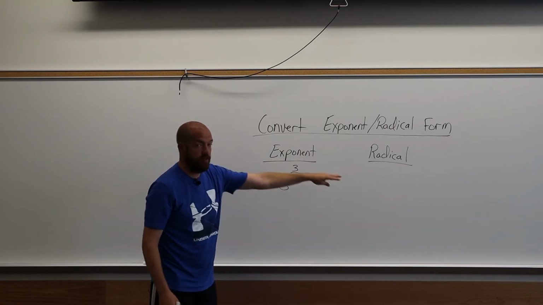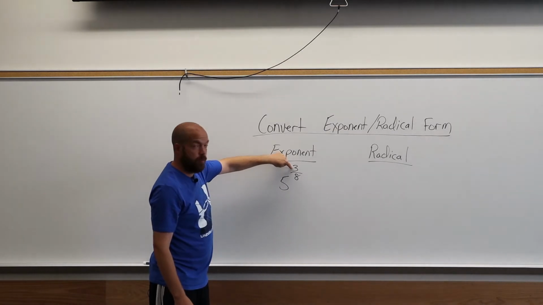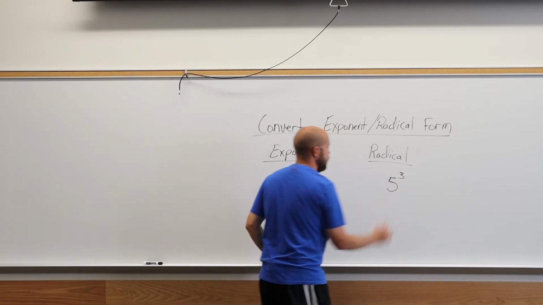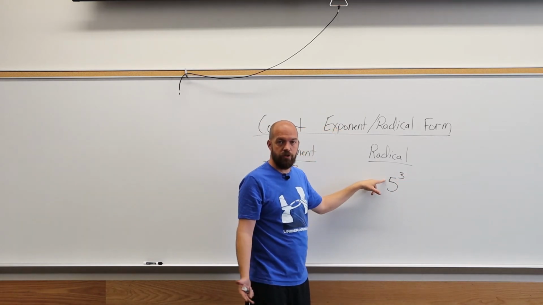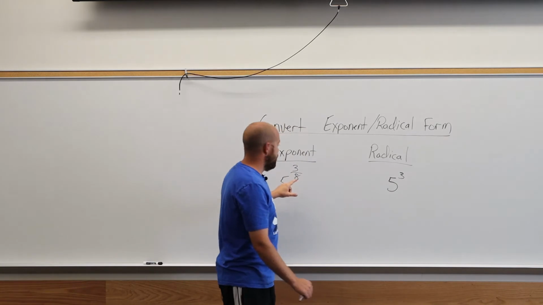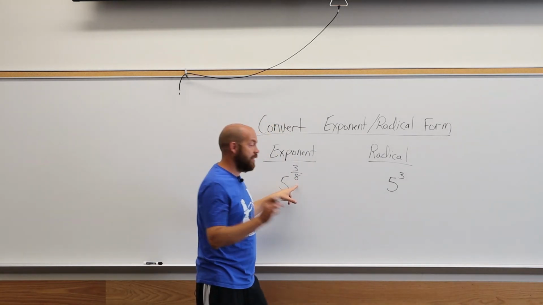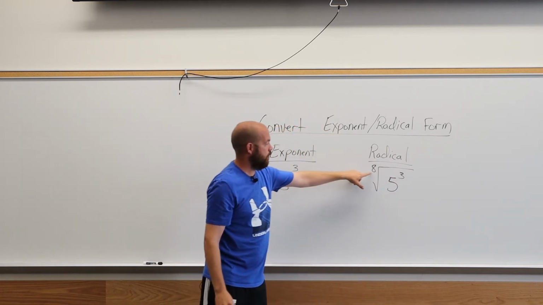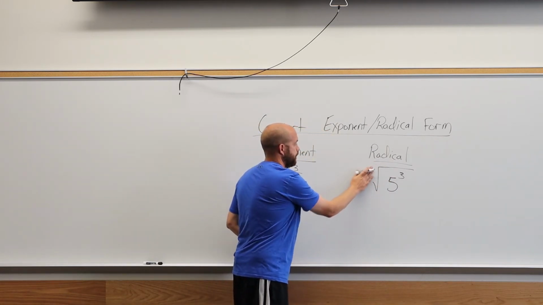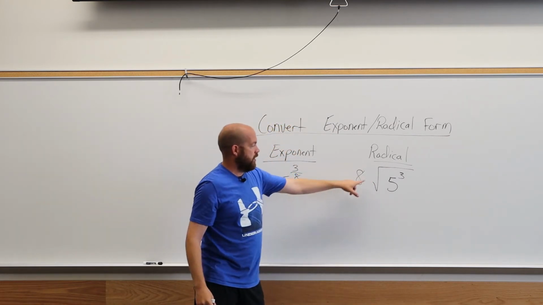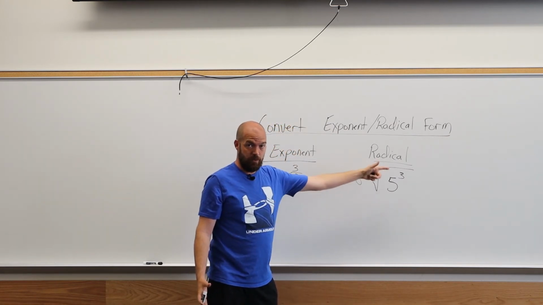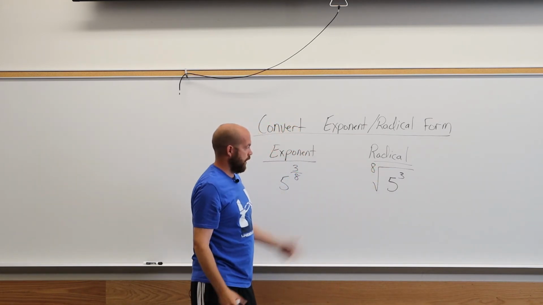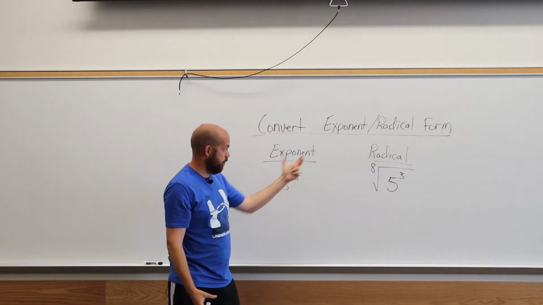If I wanted to convert this to radical form, the 3, the numerator, stays with the 5, so I have 5 to the 3rd power, which you might write as 125. But the 8, the denominator, ends up being the index number. So I need that to be that little tiny number outside of the radical. Be careful, don't put it out here too far, otherwise it's going to look like it's just 8 times this radical. And that would be converted from exponent form to radical form.